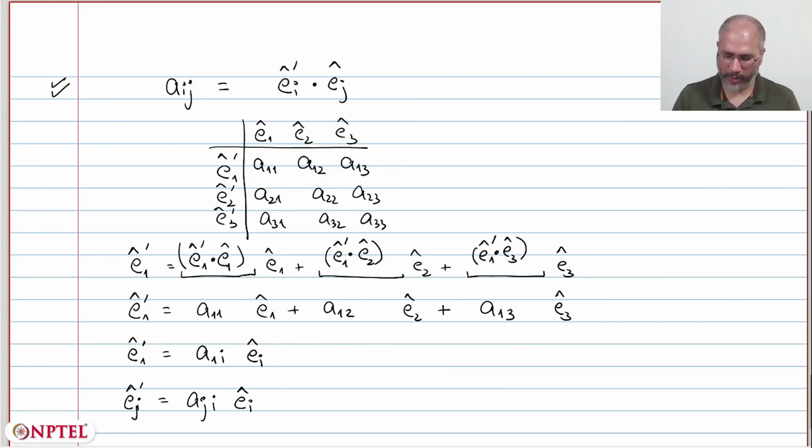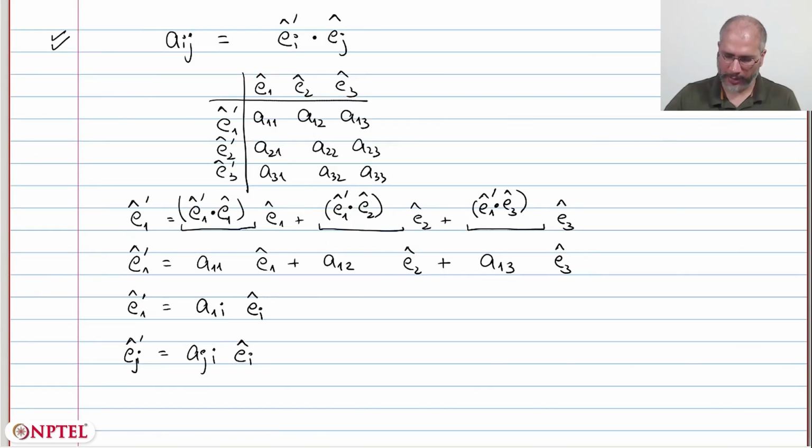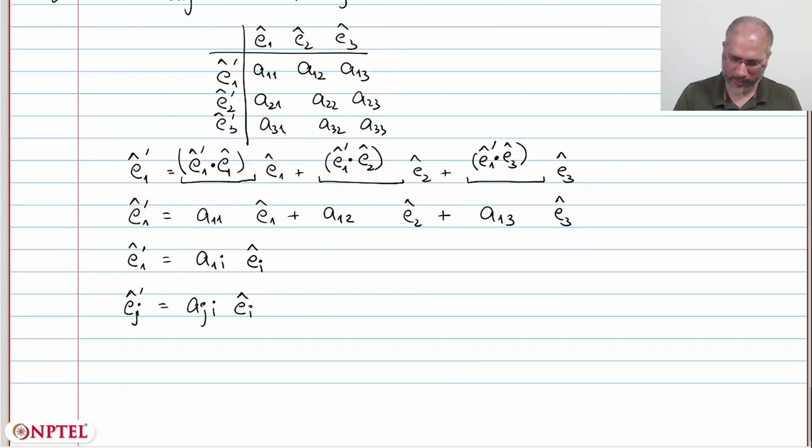So ej prime becomes Aji ei. Now it's more common to write this by changing the indices. So I'll write this as Aij followed by ej, and the left hand side becomes ei prime.